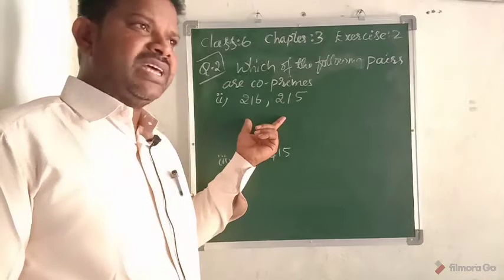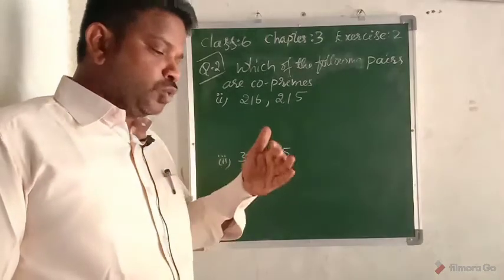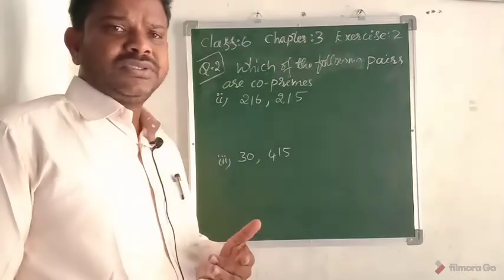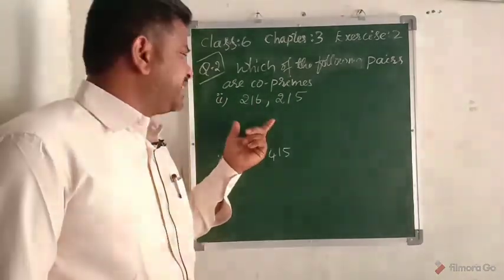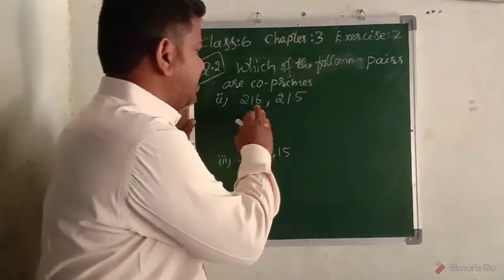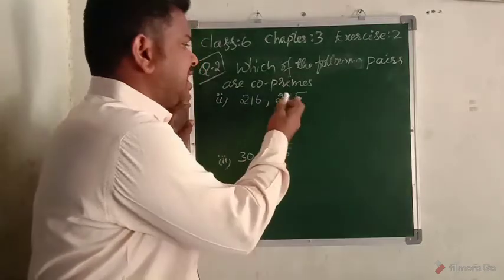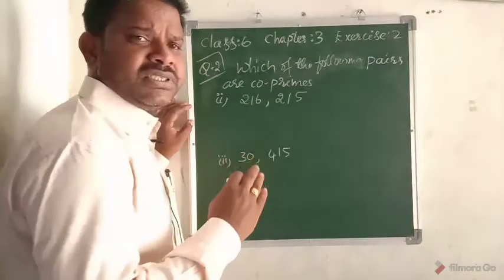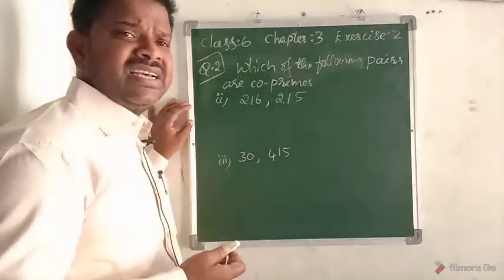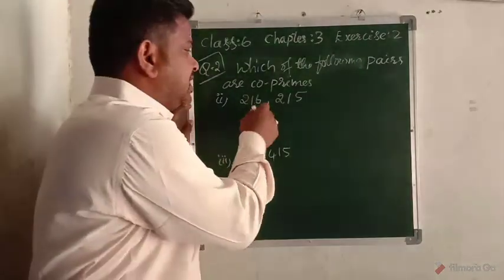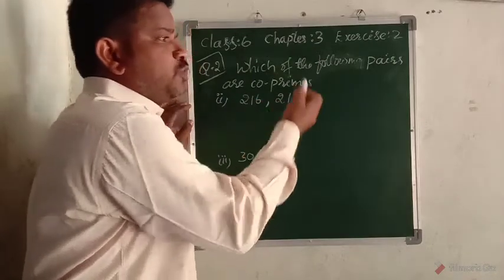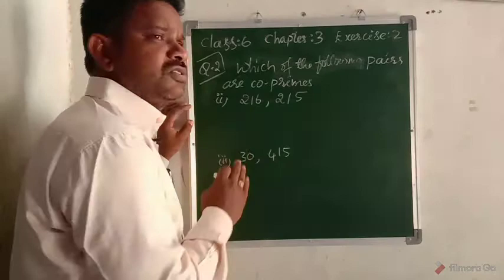I already told you that two consecutive numbers are always coprime numbers. So 215 and 216 are side by side numbers. Consecutive means side by side numbers. 216 is after 215, and 215 is before 216.